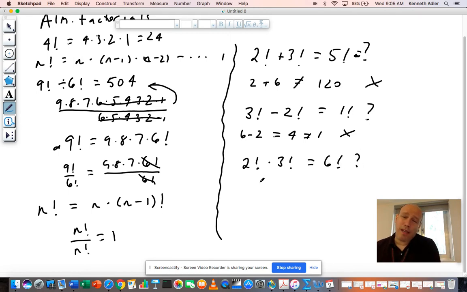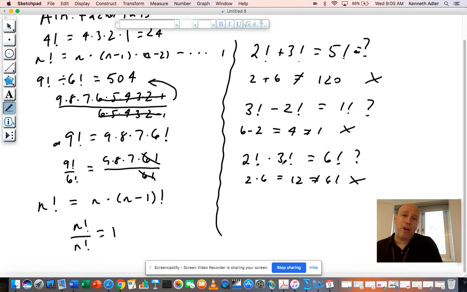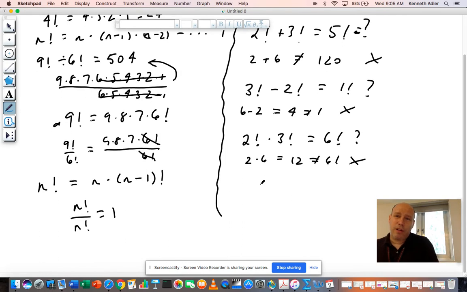Well, once again, no. Because what's 2 times 6? That's 12. That clearly does not equal 720. So it's out. And then division doesn't work either. 6 divided by 5 is not a factorial. So there's really no good arithmetic for factorials.